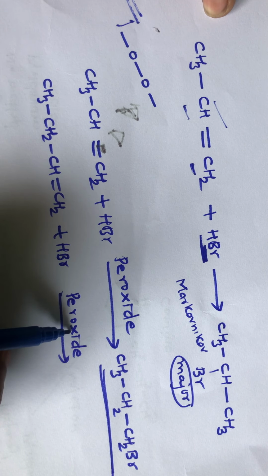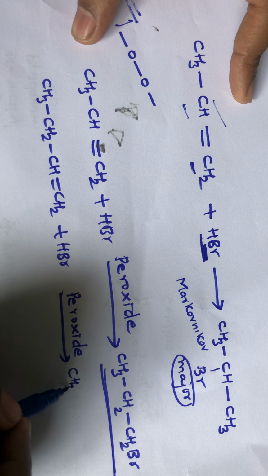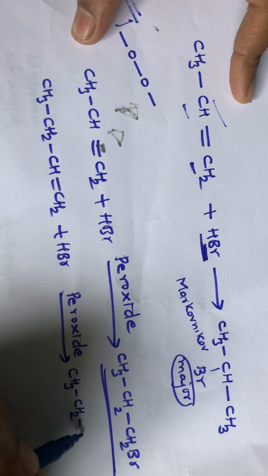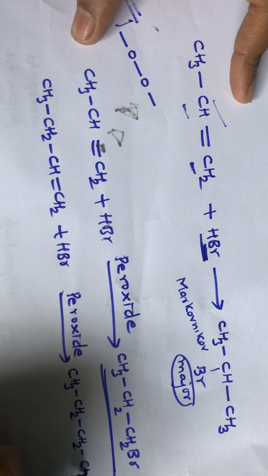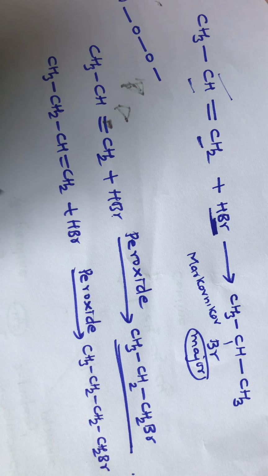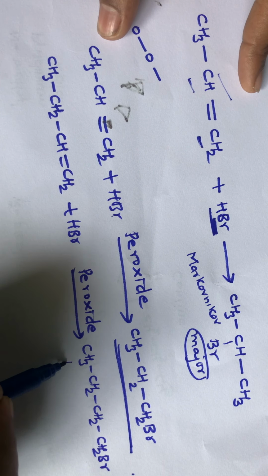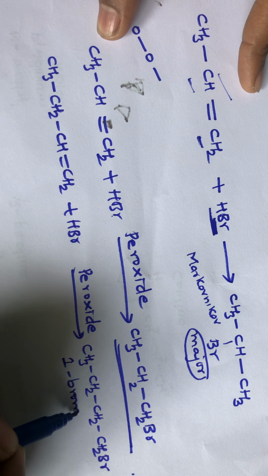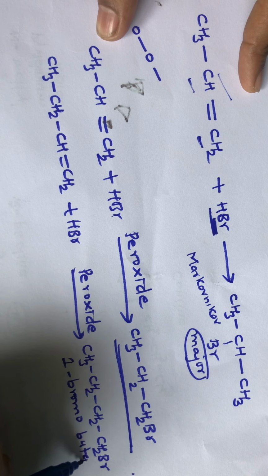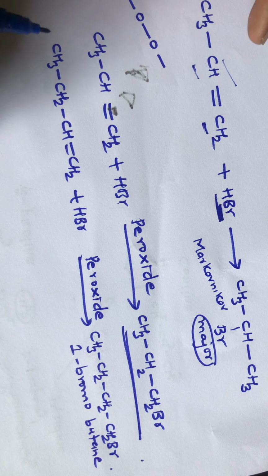When you are using peroxide, Br will attack the carbon containing more number of hydrogens. What is the product? CH3CH2CH2CH2Br. So it will attack here only, and you are going to get 1-bromobutane. Right?